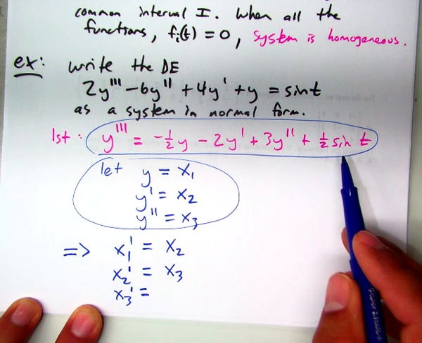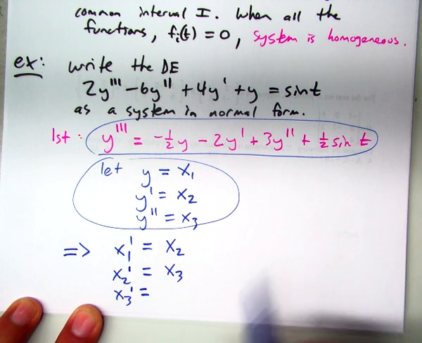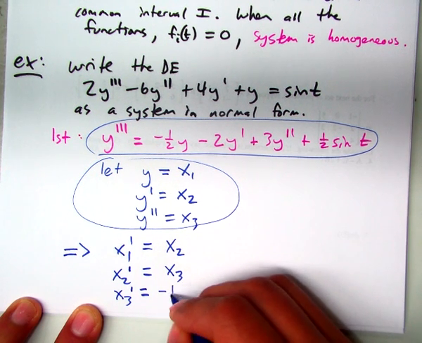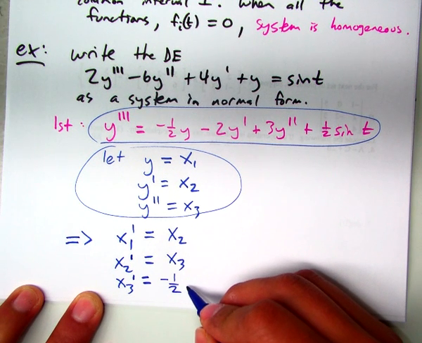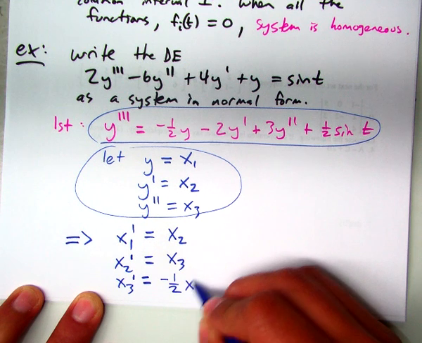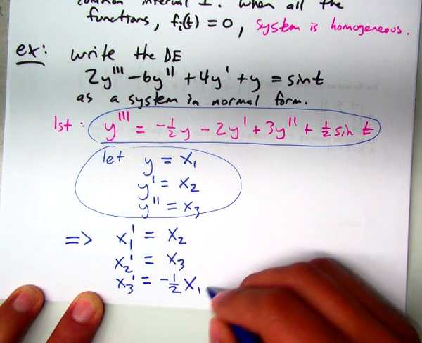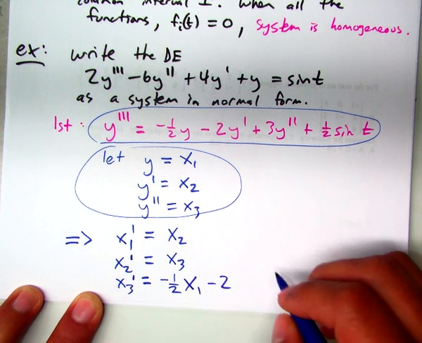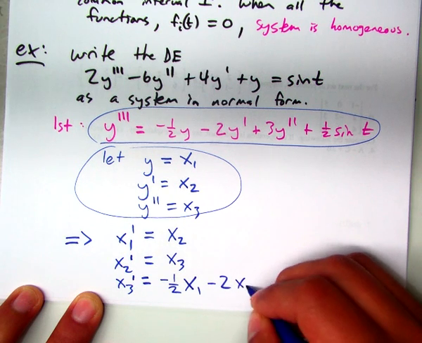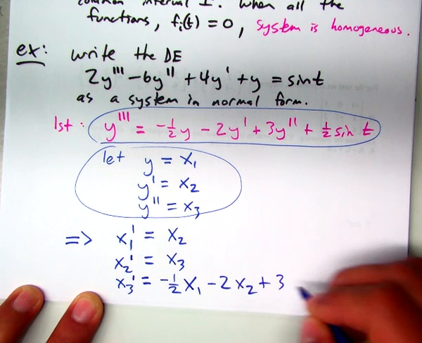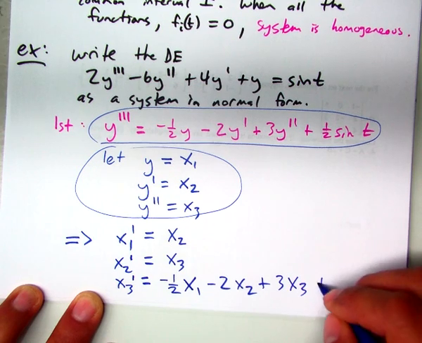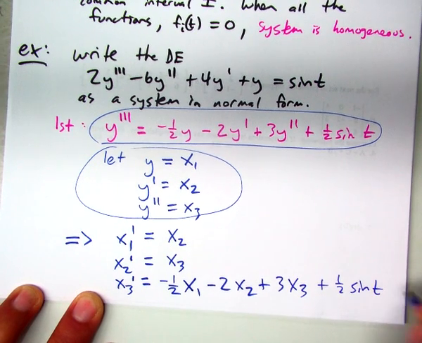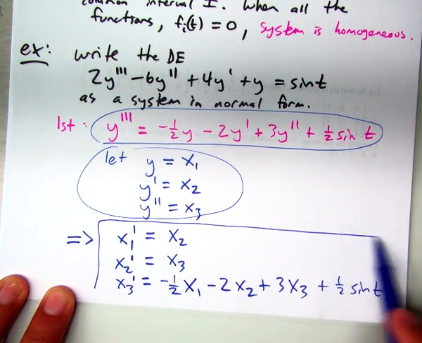So we're going to use this, but we're going to plug in all the x's instead of the y's. So we're going to have minus 1/2 what? What's y? x1 minus 2, y prime is x2, 3, y double prime is x3 plus 1/2 sine t.